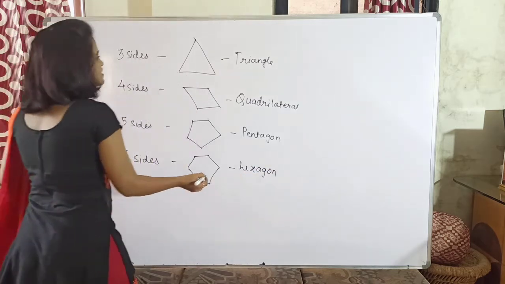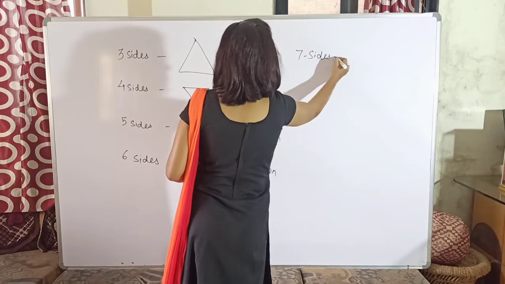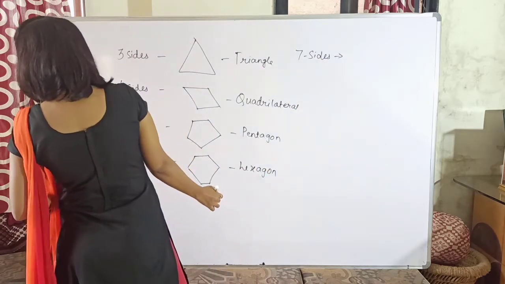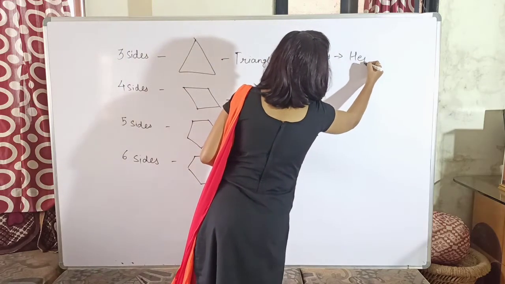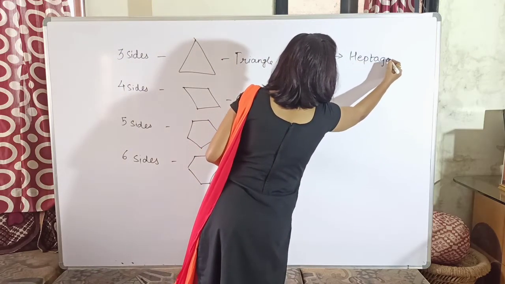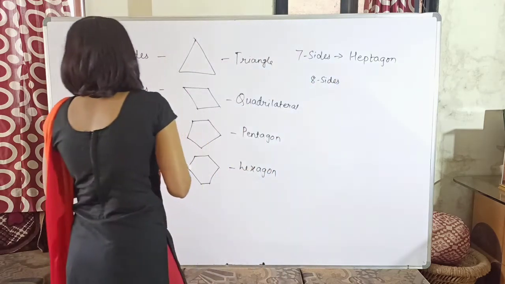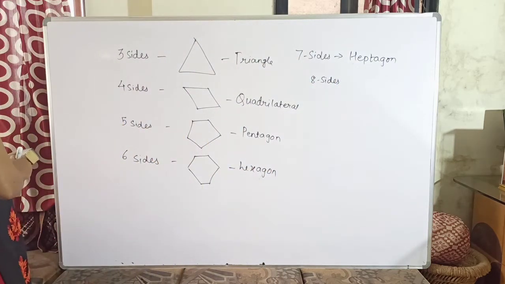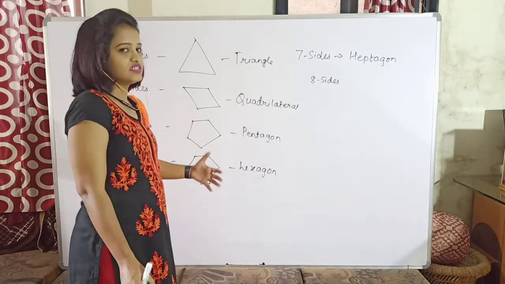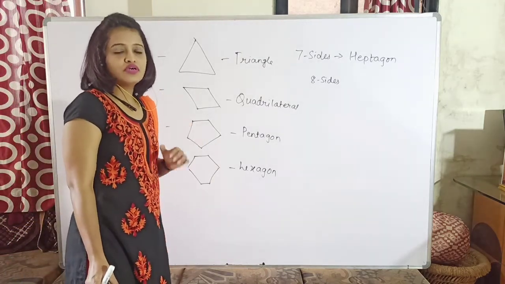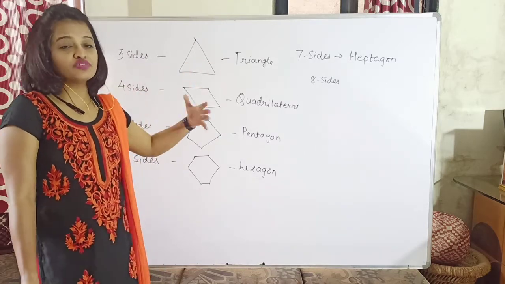Similarly, a polygon with seven sides is called a heptagon. Similarly, eight sides, octagon. Nine sides, nonagon. Ten sides, decagon, and so on. So these are the classifications of the polygon depending upon the number of sides, starting with three sides.